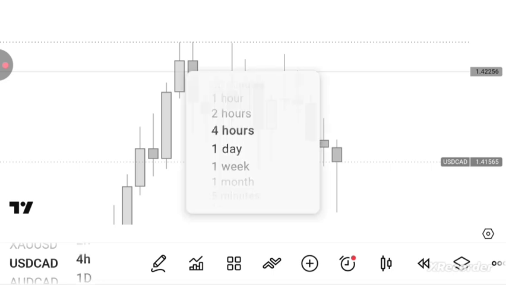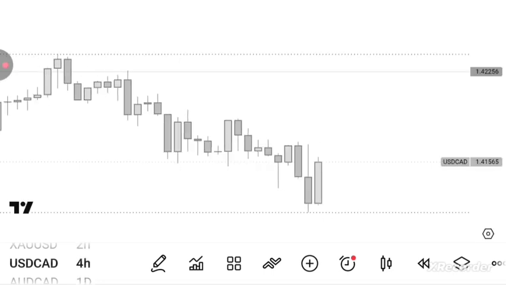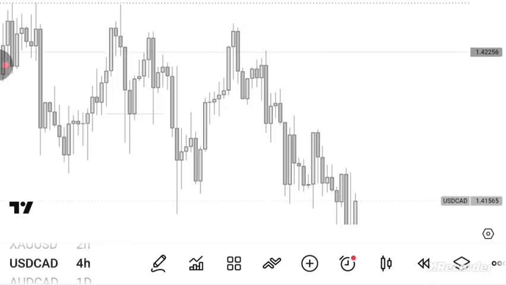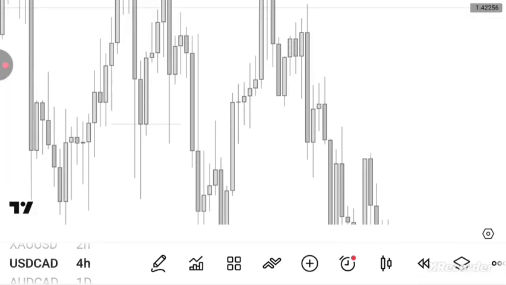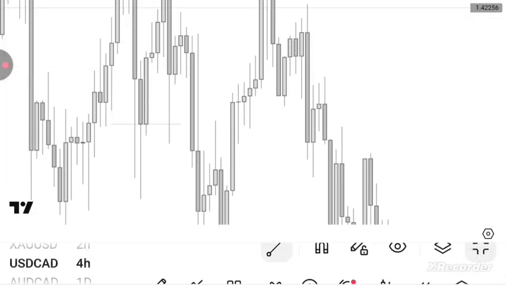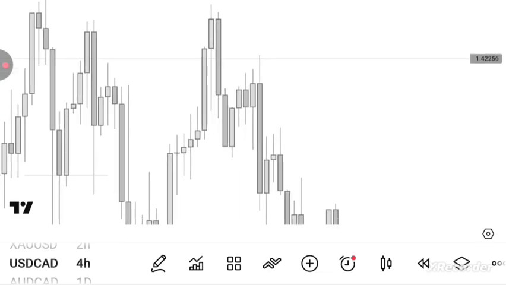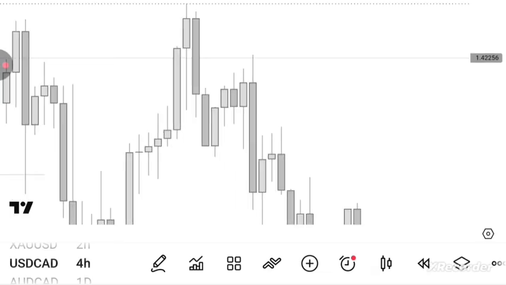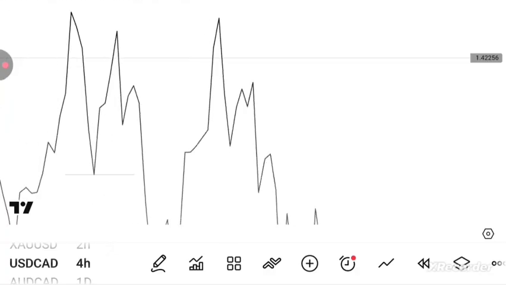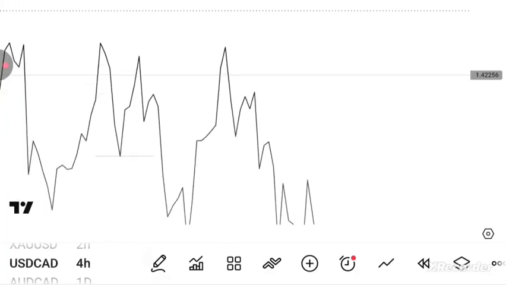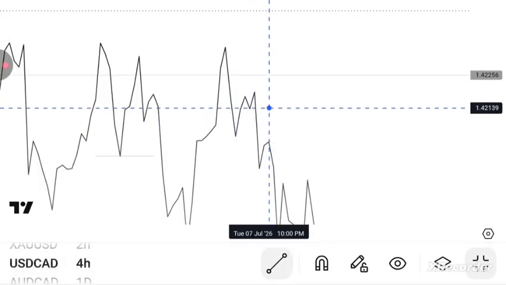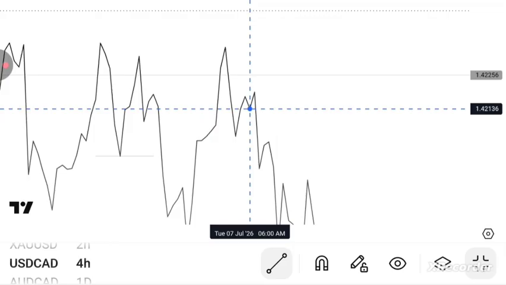So if we move one time frame lower to our 4 hours, you could see that this was where the daily breakout happened. Then after price came back to that weekly level, what we saw on the 4 hours time frame was this breakout. First of all, there was a small tiny breakout here.